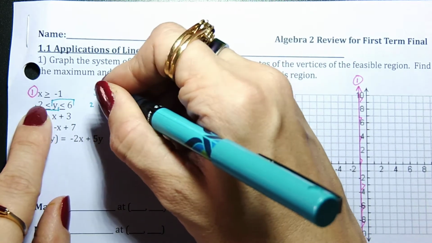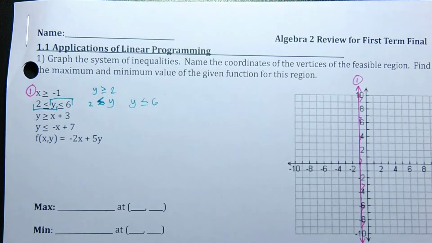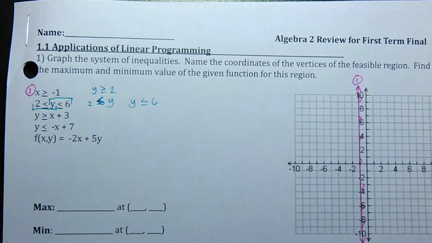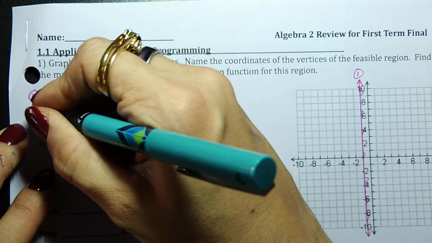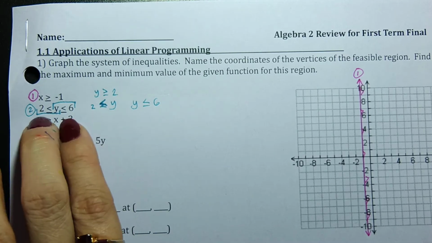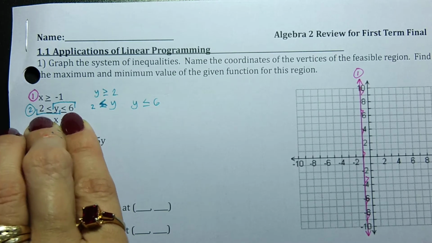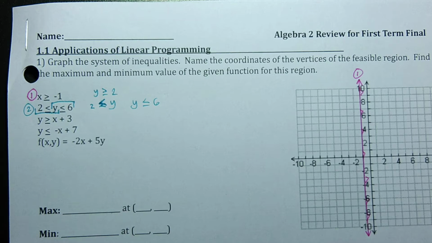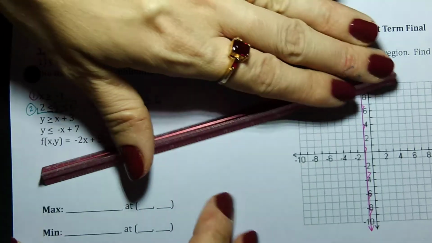Flip that around, and we get y is greater than or equal to 2, or y is less than or equal to 6. You can break it up into 2 inequalities like that, but some students like it better to just read this as we are going to have 2 horizontal lines with shading between 2 and 6. So I actually prefer that method.